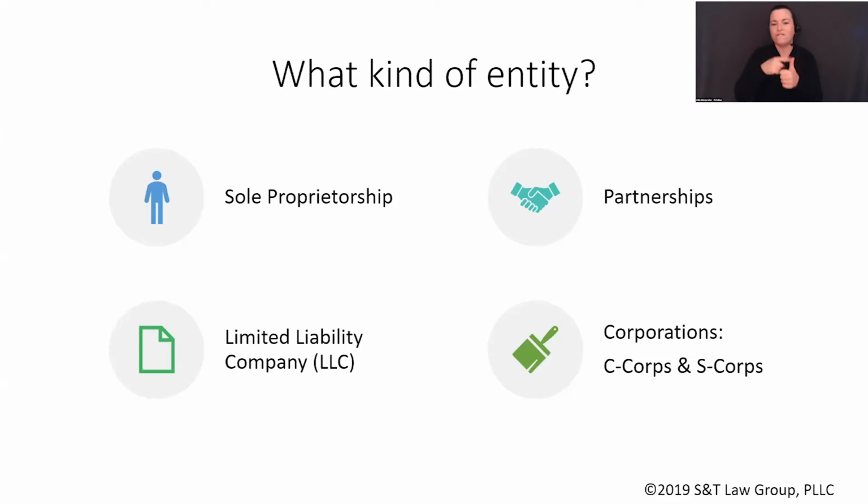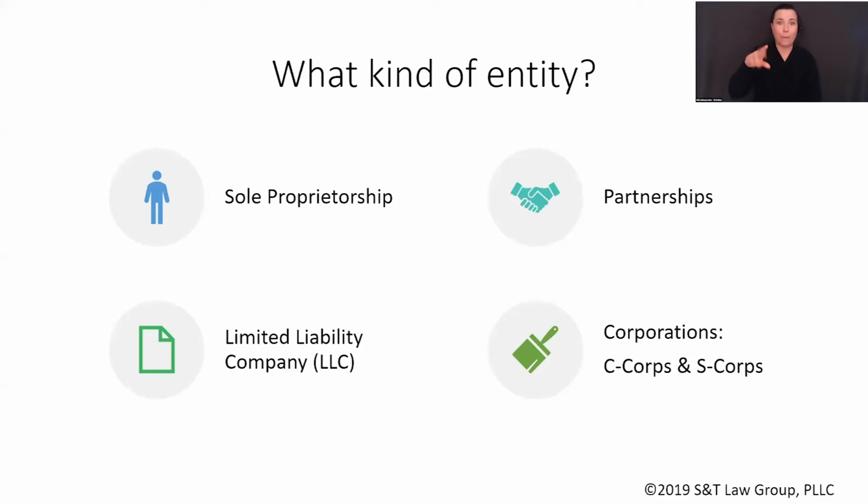So there's also partnerships. If there are 2 people, you can form a partnership. There's a limited liability company, an LLC. That is the most common, especially for companies of fewer people. And then there's corporations. So there's C Corps and S Corps, which is a more formalized entity structure.